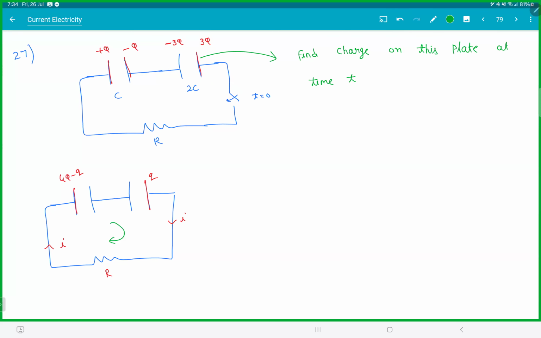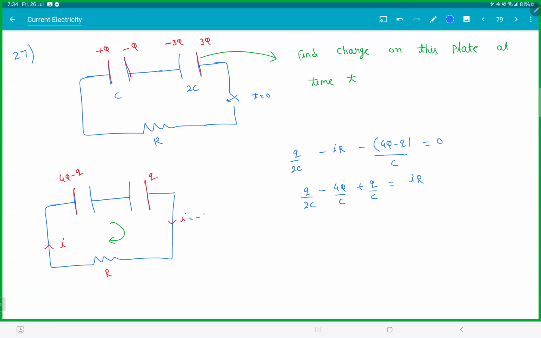Apply Kirchhoff's loop law. I'm going from negative to positive: q by 2C minus IR. Then I'm going again from positive to negative plate: 4q minus q by C equals 0. So q by 2C minus 4q by C plus q by C is IR.